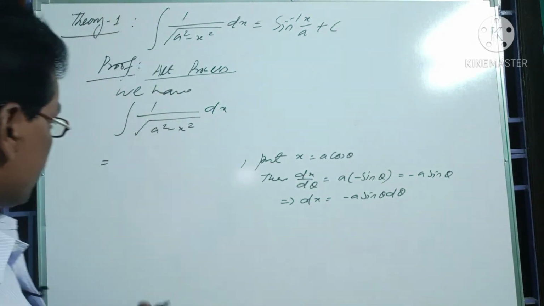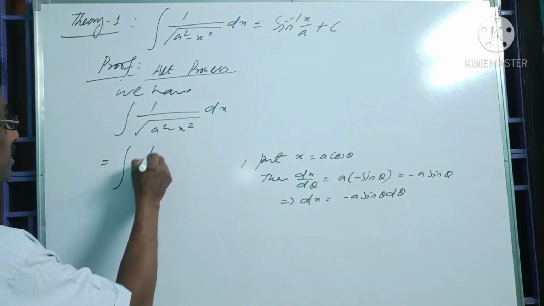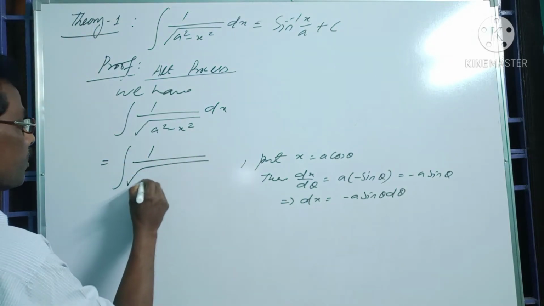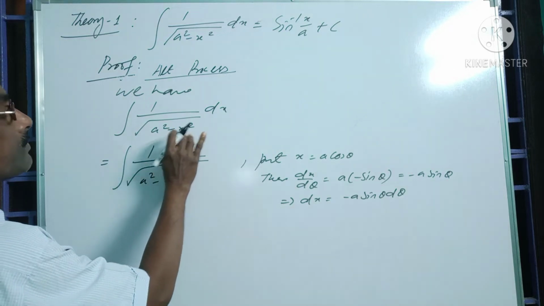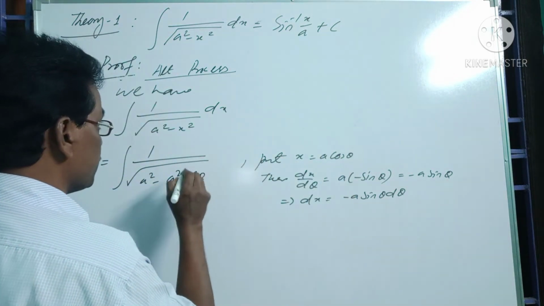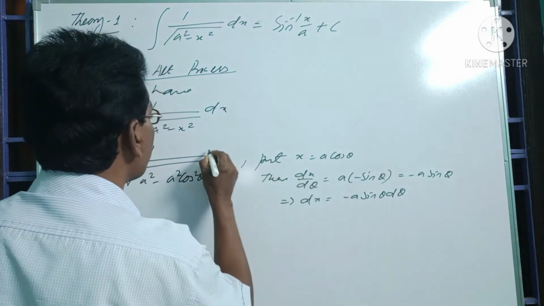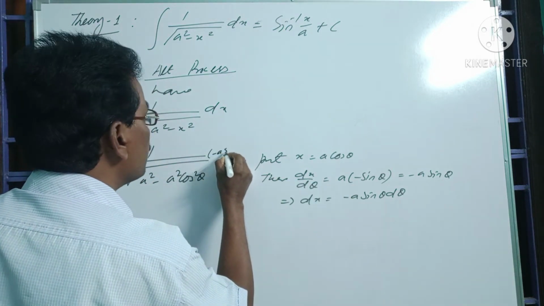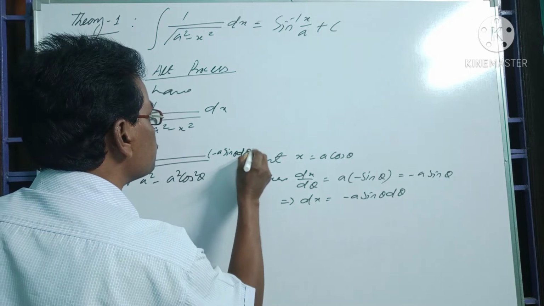Now replacing in the integral, we have integration of 1 by root of a square minus, in place of x we have a cos theta, so a square cos square theta, and in place of dx we have minus a sin theta d theta.